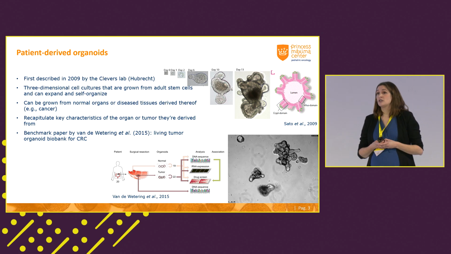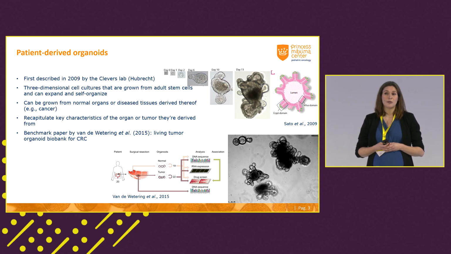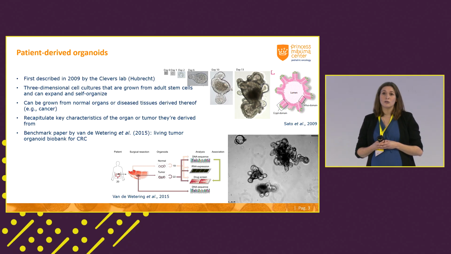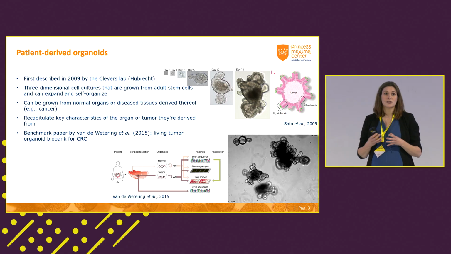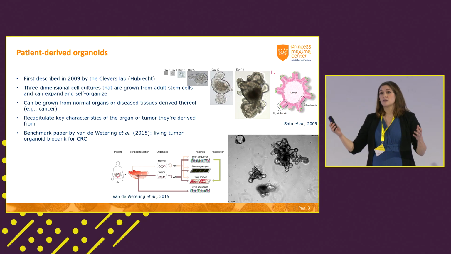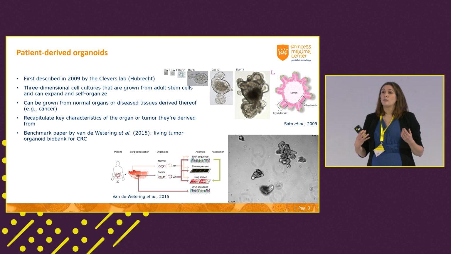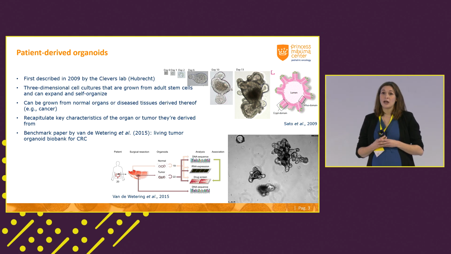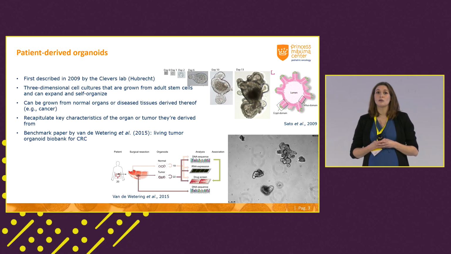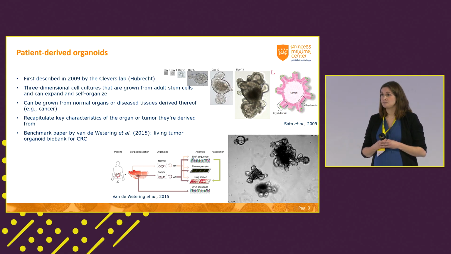Back then, Toshiro Sato found that if you isolate intestinal stem cells from the mouse, and you put them in a dish, and you provide them with the right cocktail of growth factors, but also extracellular matrix, that these cells don't only expand and make other stem cells, but they are actually able by themselves to really form self-organized three-dimensional structures that don't only contain stem cells, but also a lot of different functional cell types that can be found in the intestine.